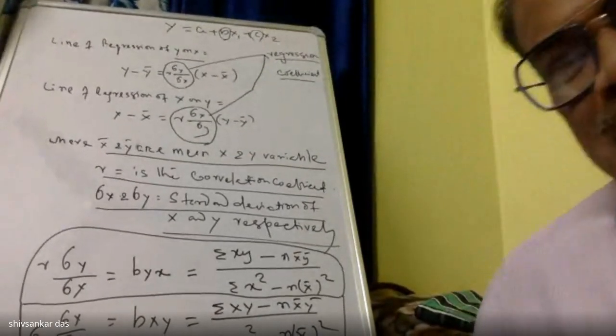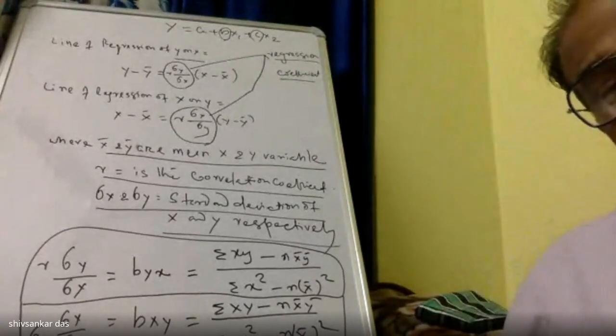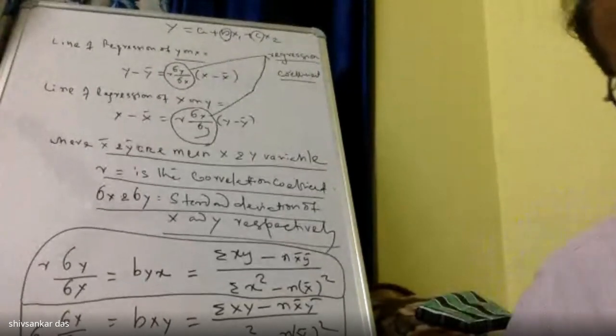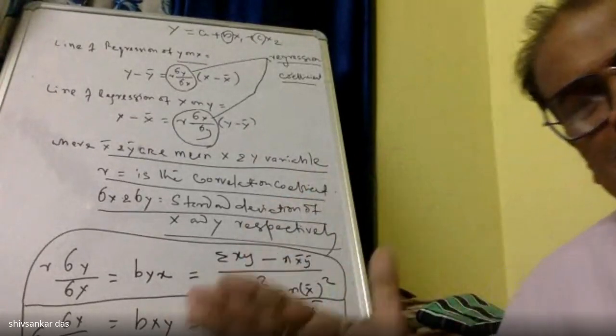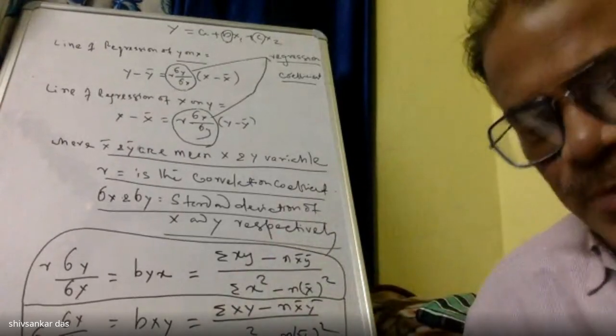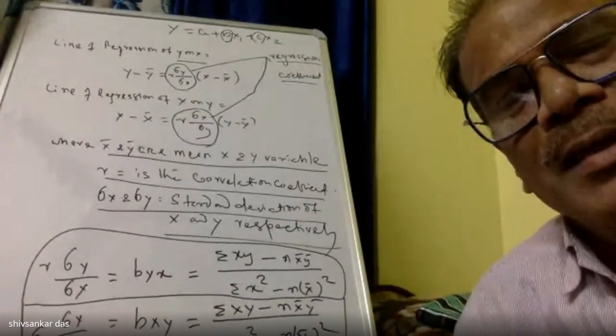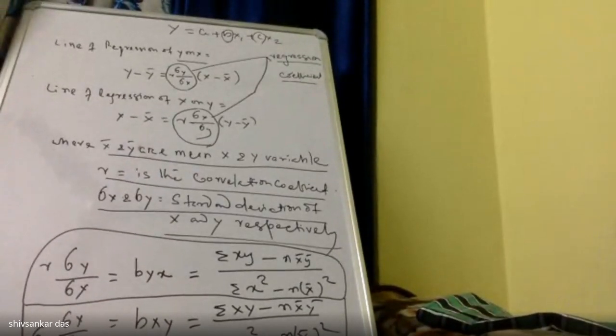That is why this coefficient is required, to study the degree or level of involvement of this feed, this medicine, this study. That is why we call it the regression coefficient.